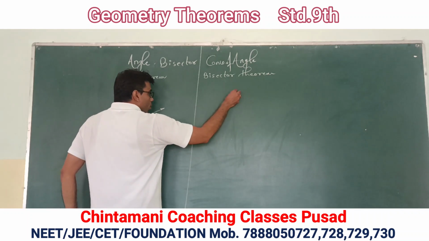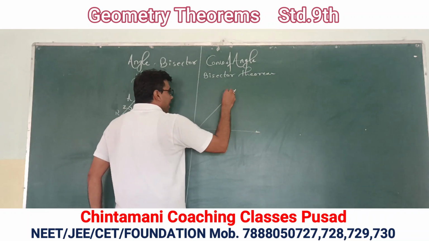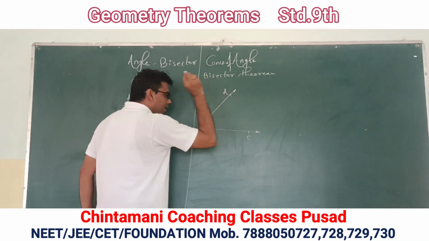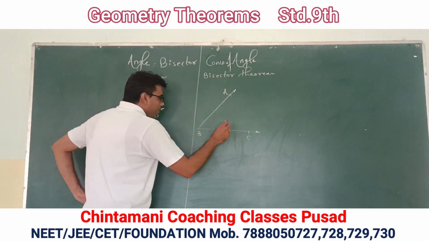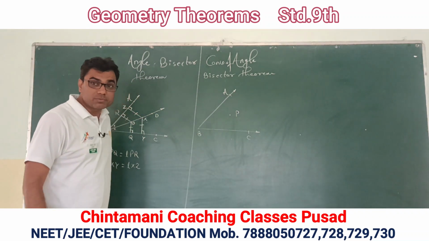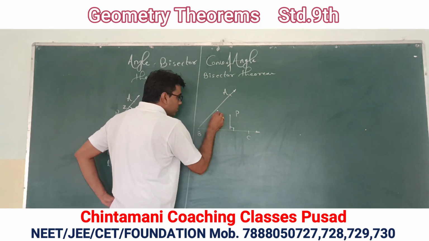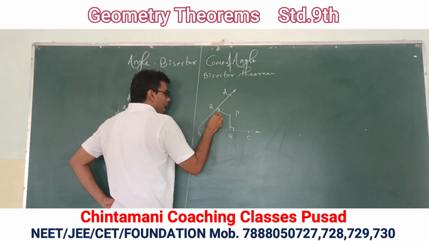In the case of the converse of the angle bisector theorem, let us consider an angle of any measure. The measure is immaterial. In the interior of the angle, I take a point P, and I construct two perpendiculars on the arms, PQ and PR.